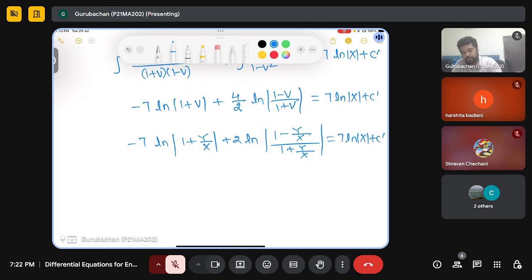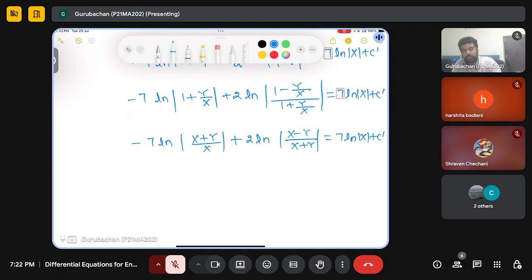So this will give you minus 7 ln of (x plus y divided by x) plus 2 times of (x minus y divided by x plus y) is equal to 7 ln mod x plus c dash.